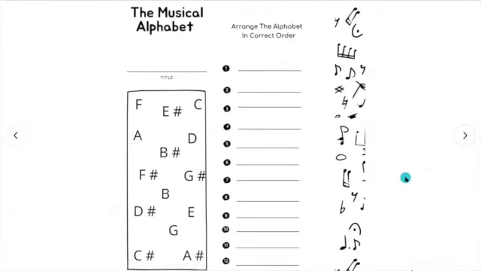All right, so we have two worksheets that we're going to deal with today. This says arrange the alphabet in correct order. On this side, I've got my question to fill out, what the first position is, and then I've got some choices.